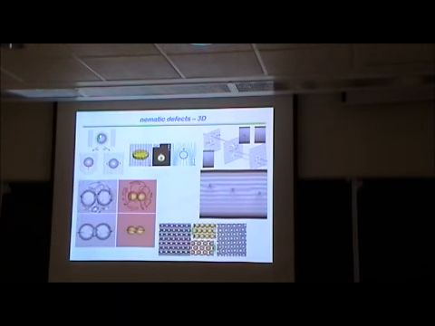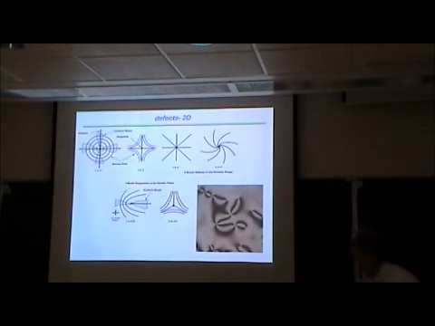So you can imagine taking a sphere, treating it so that the molecules are radial, and putting it in an oriented nematic. Then the accommodation leaves you with a defect, either a point defect, a +1 hedgehog defect in 3 dimensions, or a line defect where the cross-section of this line looks like this.